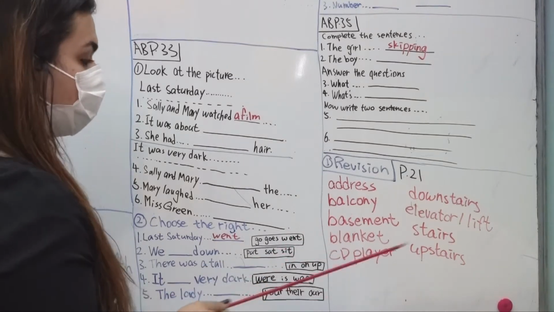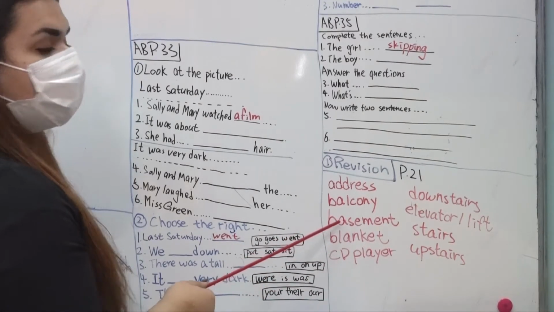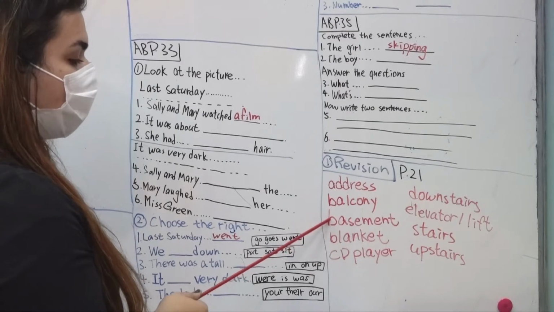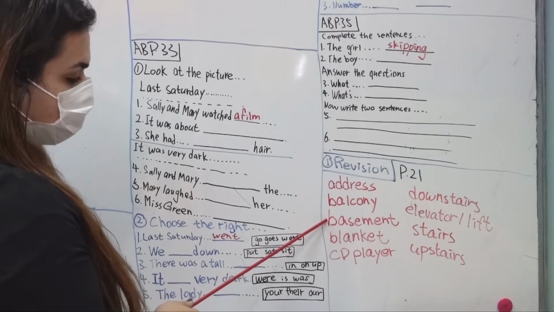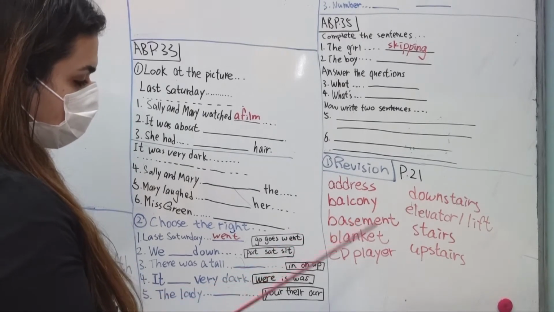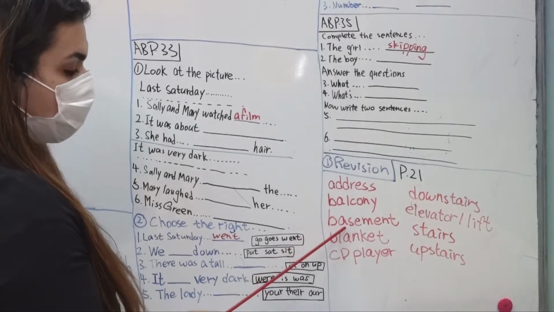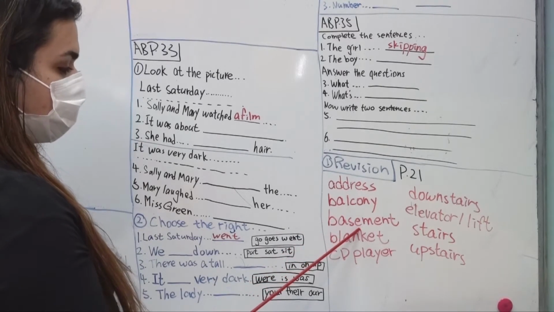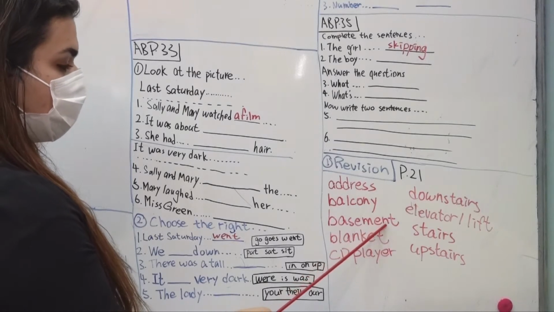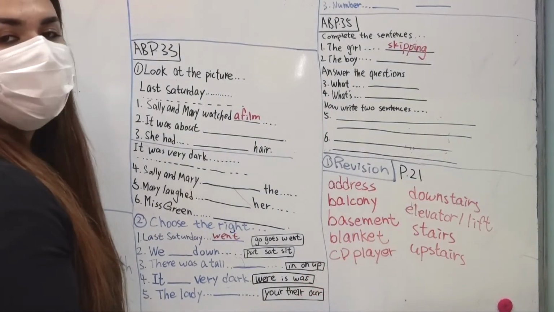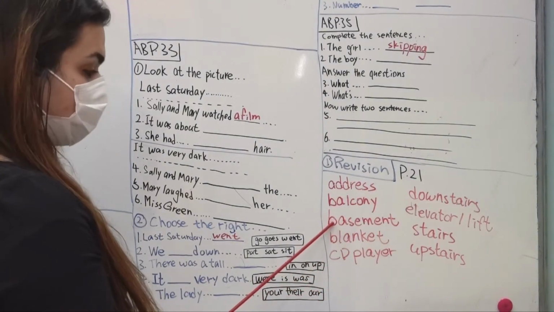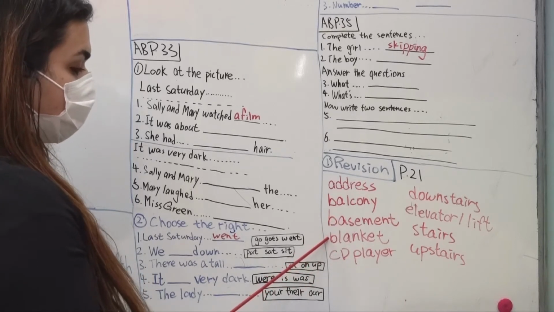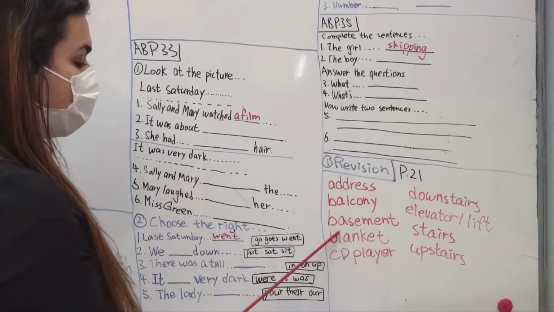The bottom floor in a house that's called basement. Basement. Let's spell it. B-A-S-E-M-E-N-T. Basement.